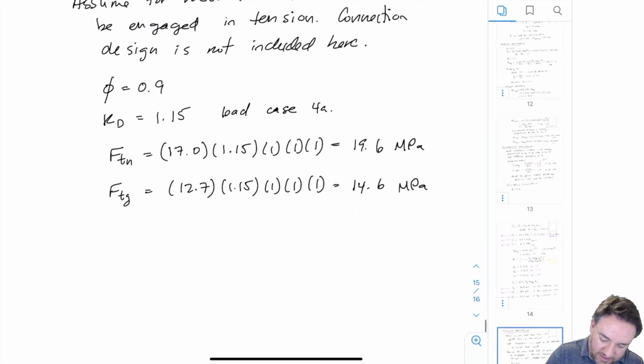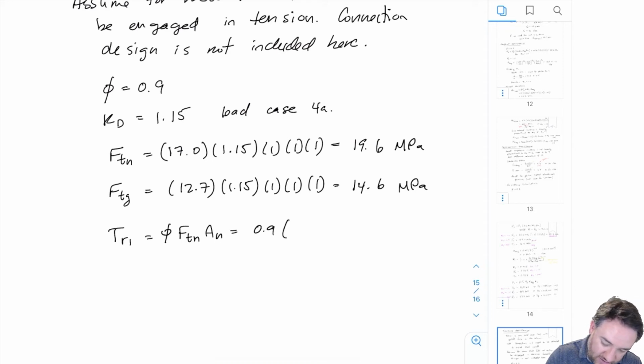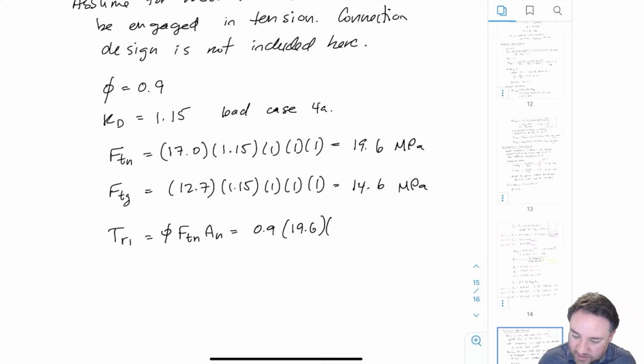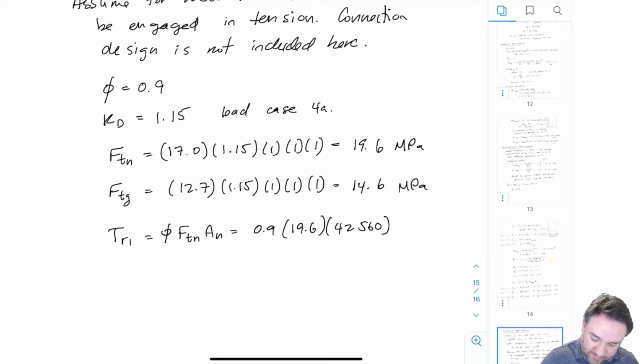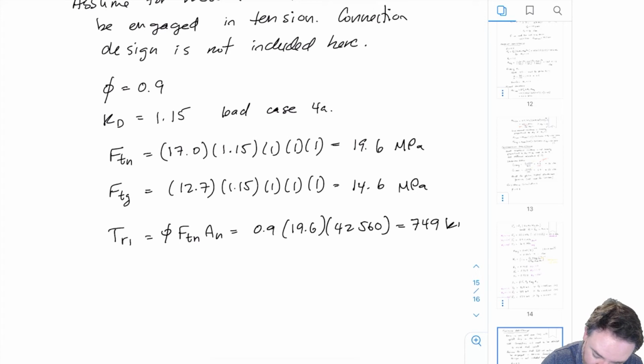Okay, so then I check my TR1, which is my net section tension strength, AN, 0.9. And AN we calculated when we were looking at shear, and the value was 42,560. And so we get a strength of 749 kilonewtons.